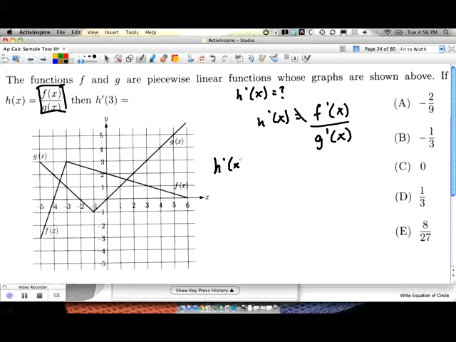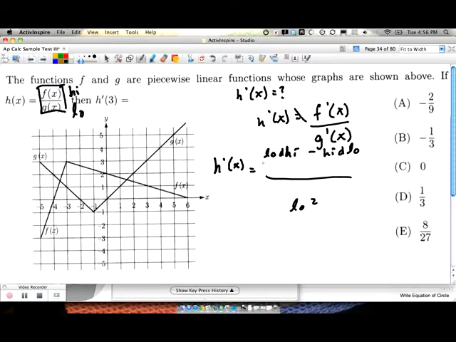So if we're going to find h prime of x, it's actually going to treat this like a quotient rule. Low d high minus high d low over low squared. So low d high minus high d low over low squared.